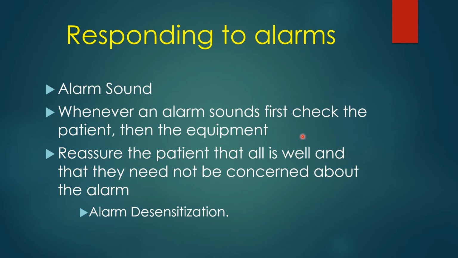Then another thing you want to do is when you're checking for the alarm cause, you start at the patient. You check the patient, especially at the ET tube. Is he biting on his ET tube? Has the ET tube migrated down to the right main stem? Has it got kinked or plugged up?